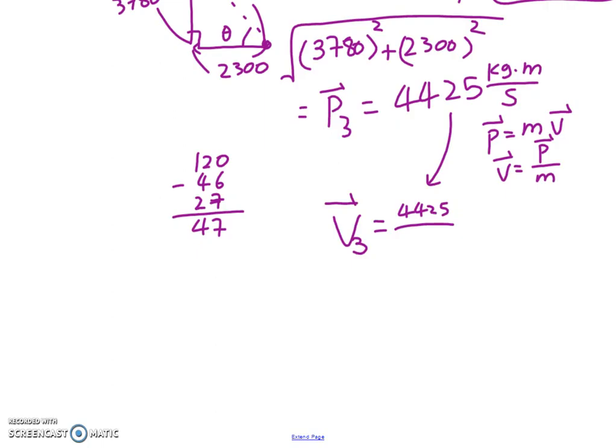So always double check whether you're on the right track or not. I generally like to have units inside because unit analysis is actually really significant in Physics 30.